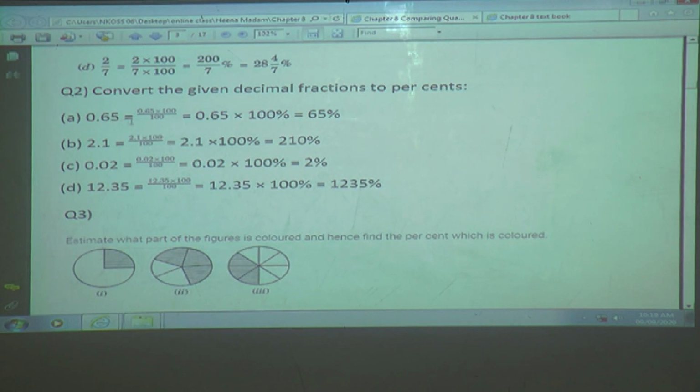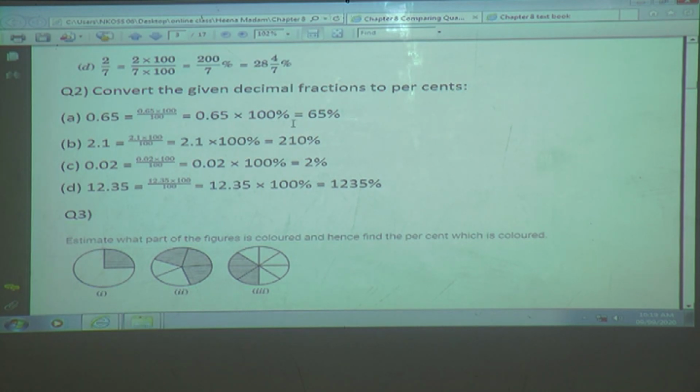So here first what we will do, we have to write 0.65 multiplied by 100 upon 100, or you can say directly 65 upon 100. So this 65 upon 100 multiplied by 100 is given as a percent, that is 0.65 multiplied by 100%.